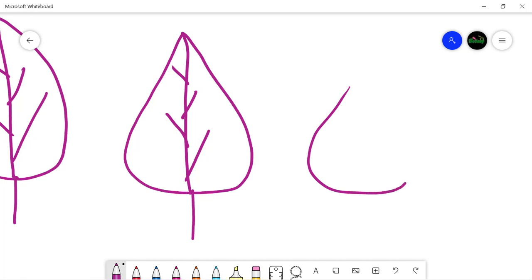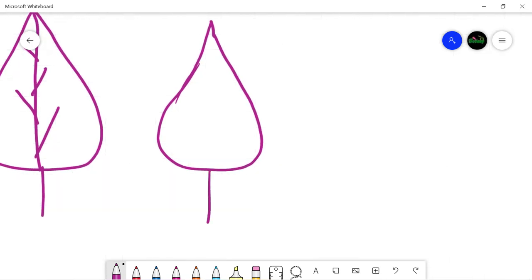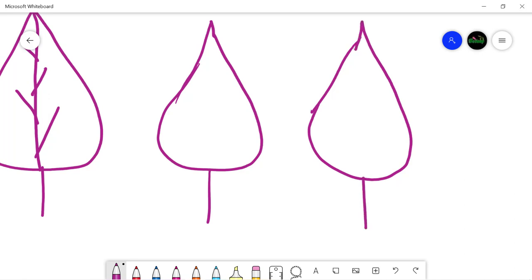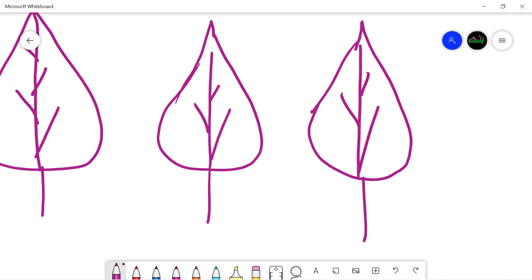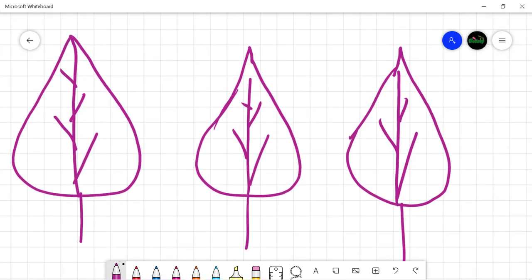So again we have a flat base, and here we have quite a bit of pointed leaf, but still it is an ovate leaf, and its base can be rounded. So we can draw another one, and here it is pointed, but as you can see it has a pointed tip, pointed leaf apex. So as you can see, all of these leaves, they are ovate, and you can see the variation.